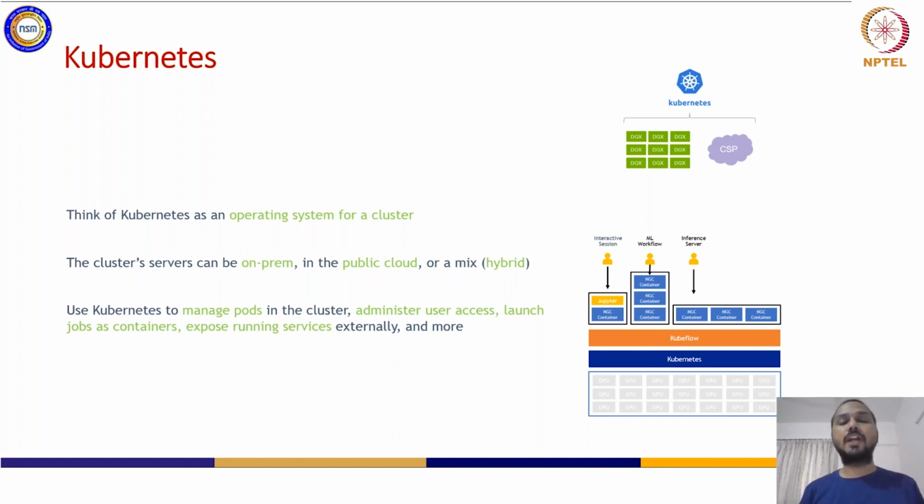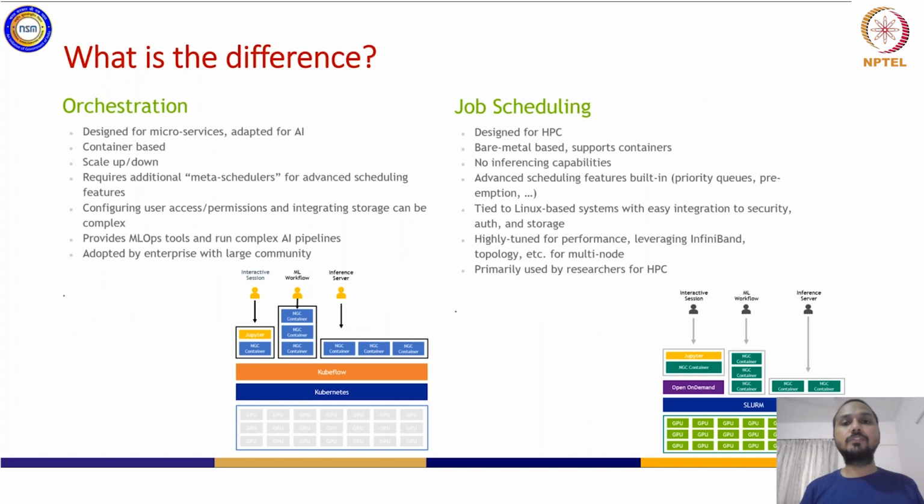Now that's the part which is very heavily deployed in any of the installations that you see of artificial intelligence. So it's more than a cluster. It's not just about scheduling, and it is much more than job scheduling. It's about orchestration. Traditionally, the cluster has been heavily tied down to high performance computing applications like molecular dynamics and computational fluid dynamics, while orchestration is still very much relevant to the artificial intelligence space, and it is especially adopted by the enterprise segment.